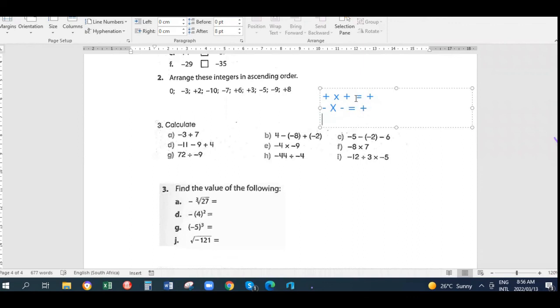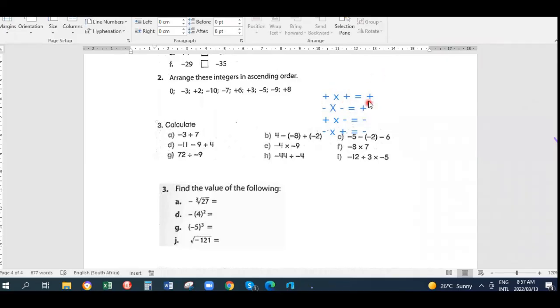So same signs will give you a positive answer. But if it's different signs, like a positive number times a negative number, you're going to get a negative answer. Or even a negative times a positive is going to give you a negative answer. So this is different signs.